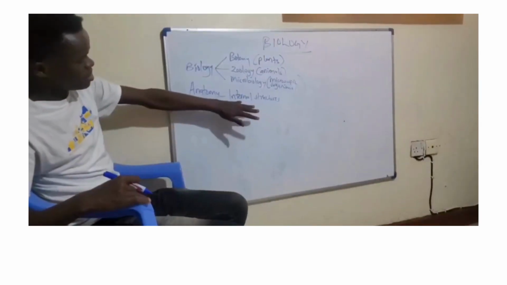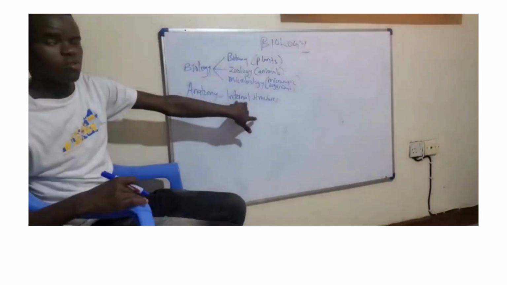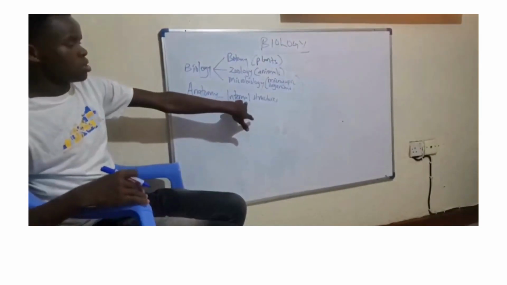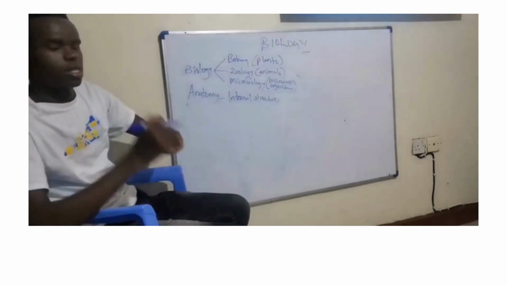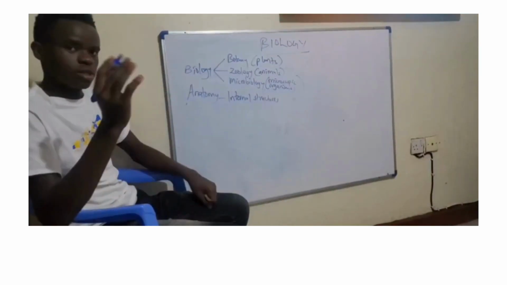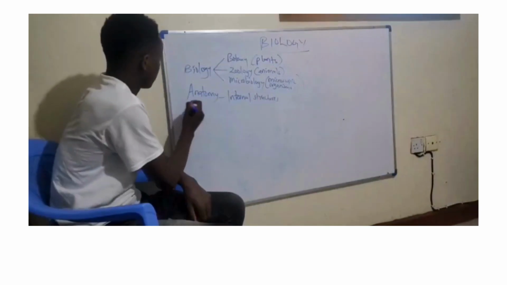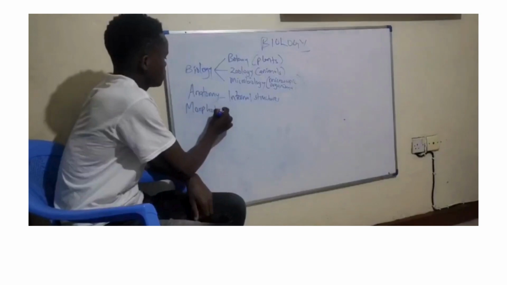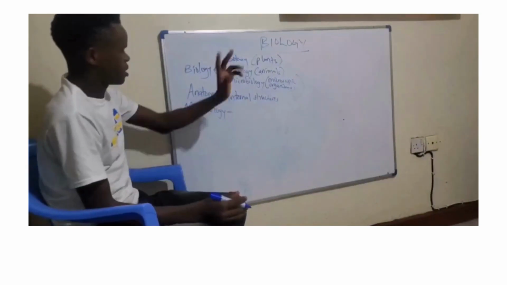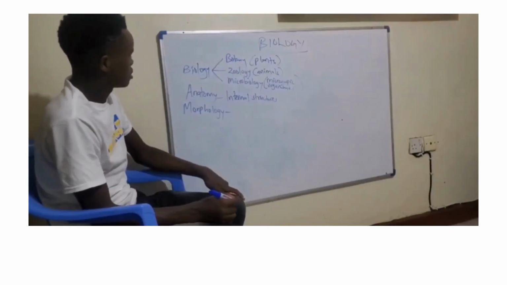Now, if you have a branch that is dealing with internal structures of living organisms, you also have to expect that we have a branch that deals with external structures of living organisms. And what's that going to be? We're going to talk about morphology. And be keen with the spelling, because in biology, if you fail in spelling, you fail the whole mark.